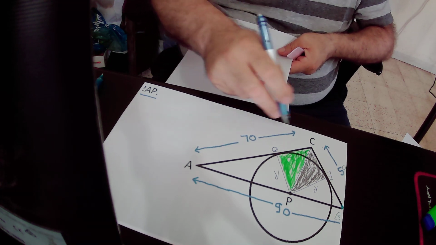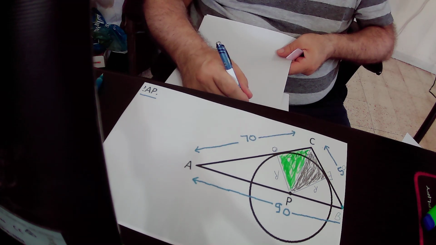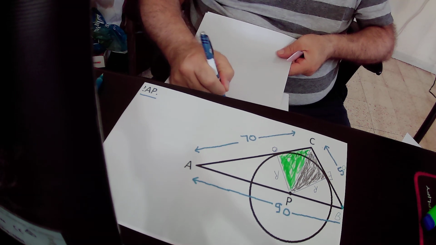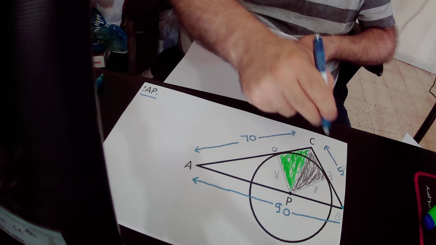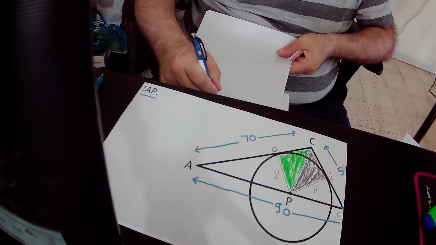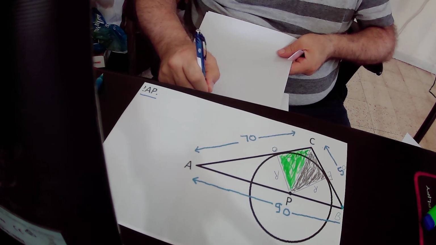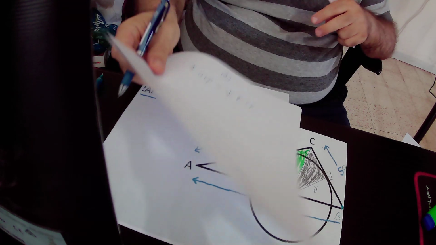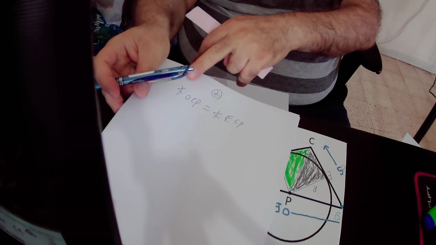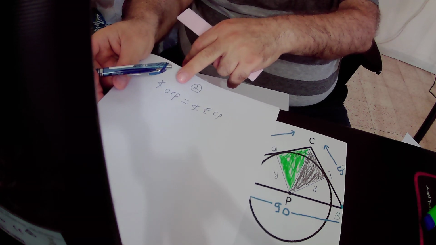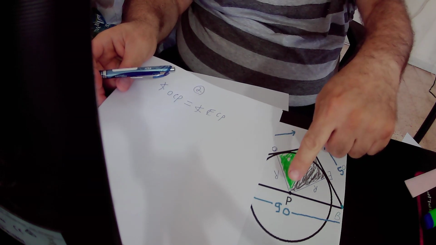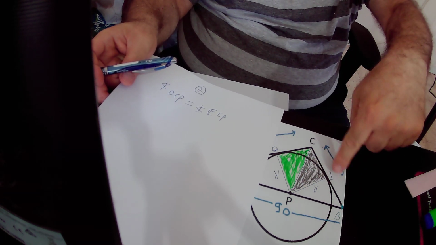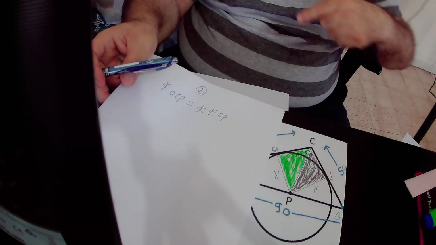Angle OCP in the green triangle equals angle ECP in the black triangle. Okay, angle OCP in the green triangle equals angle ECP in the black triangle.